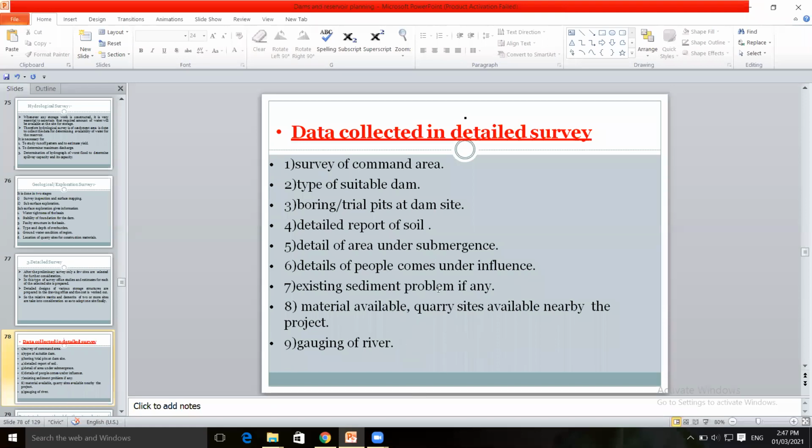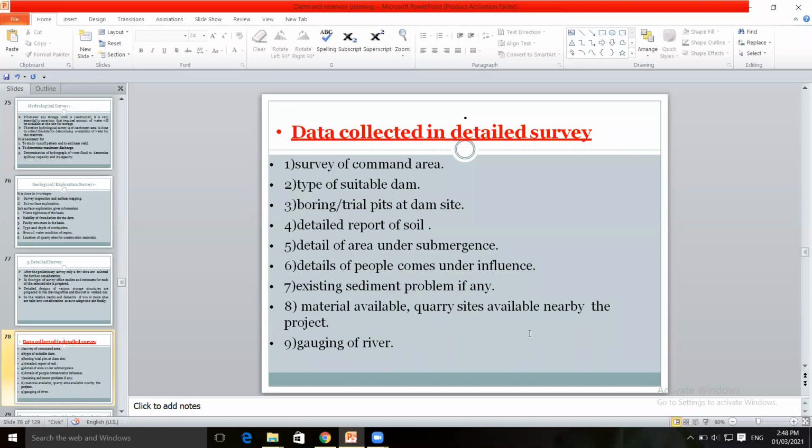The availability of material nearby to the site, the quarry sites nearby to the dam site, that information is collected, along with the quantity of material available, depending upon the type of dam, whether it is an earthen dam or a concrete gravity dam.